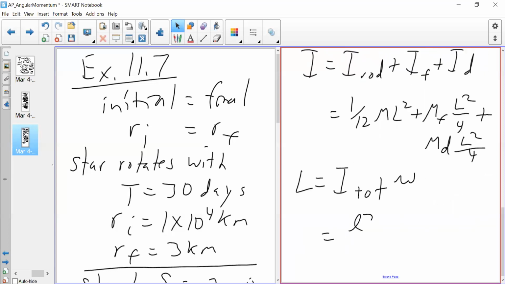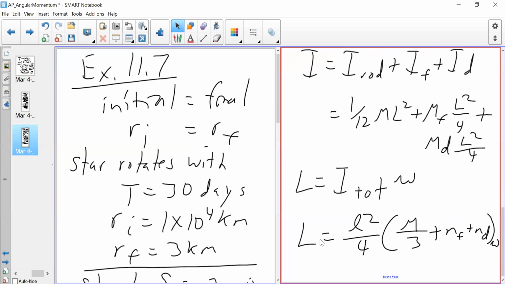Now we just factor out this L squared over 4 business, and M over 3, because that'll be 1/12 ml squared there, and then mass of father plus mass of daughter, and squeeze in the omega there. And so that's our expression that we get.